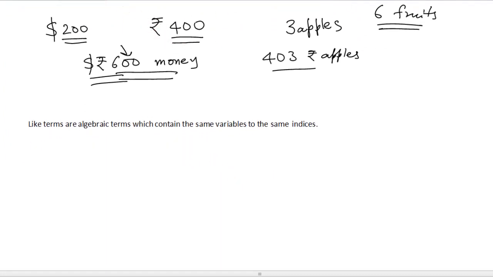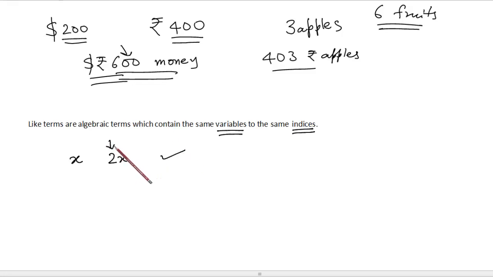So what are like terms? Like terms are algebraic terms which contain the same variables to the same indices. So it should have the same variables and their index should also be the same. For instance, x and 2x are like terms.